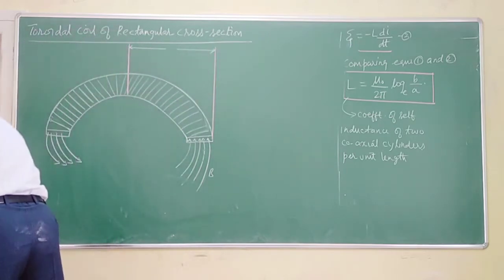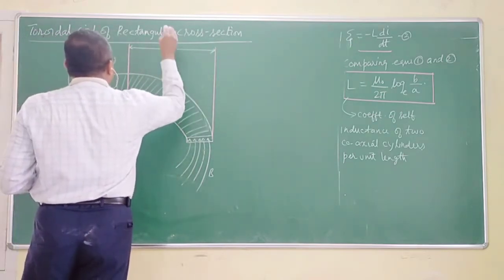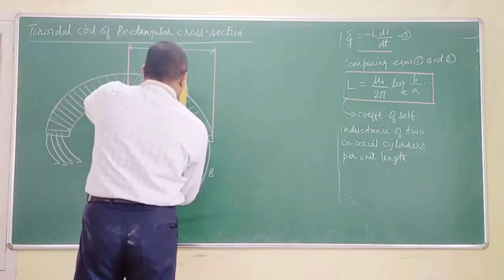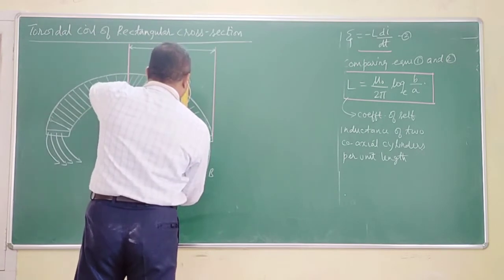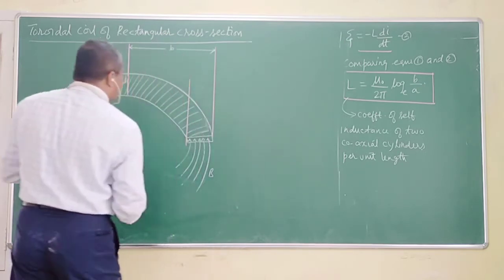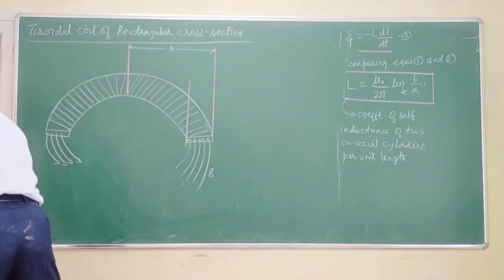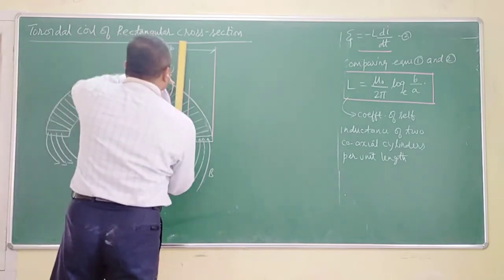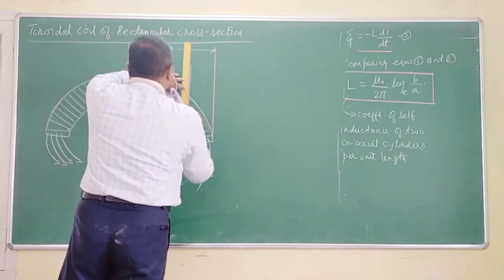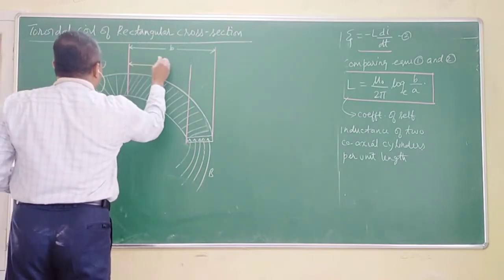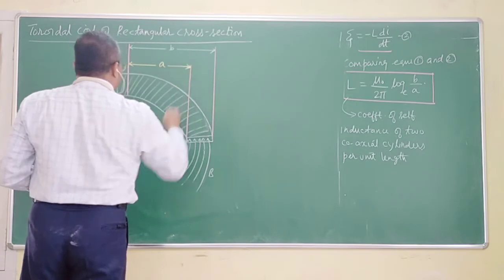The outer radius, I will mark it as B. Okay? That is A.